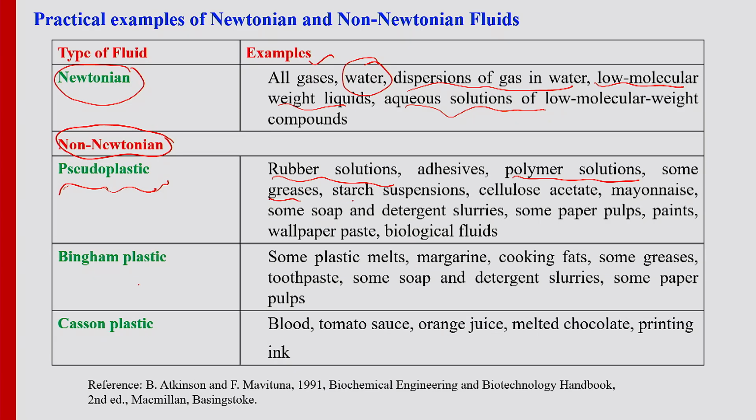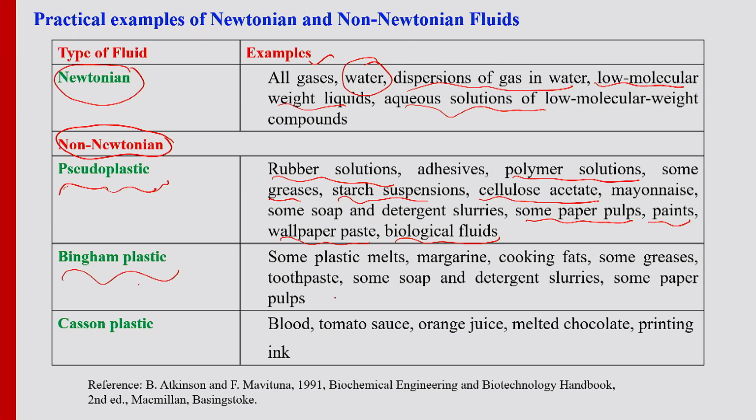Then cellulose acetate, which we always use. Some paper pulp, some paints we always use. Then wallpaper paste, some biological fluids all come under the pseudoplastic type of fluid. Next one is the Bingham plastics.